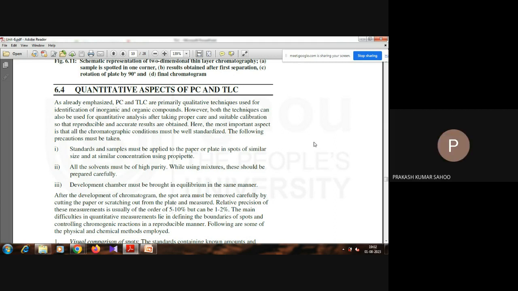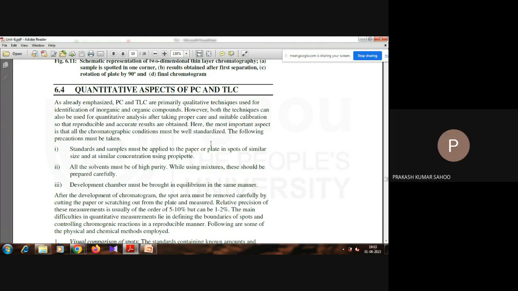The following precautions must be taken. Standards and sample must be applied to the paper or plate in spots of similar size and similar concentration using a micropipette. That is, if I put sample A 3 drops, then sample B also 3 drops, C also 3 drops.